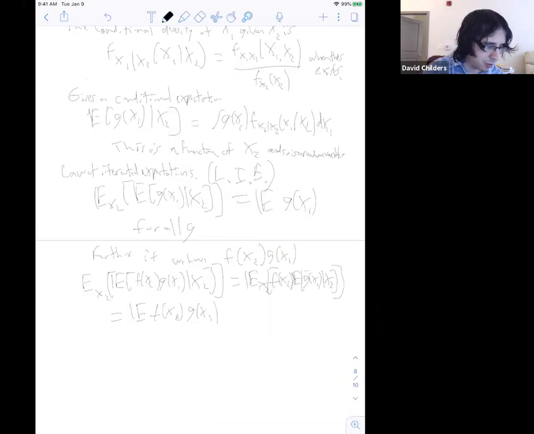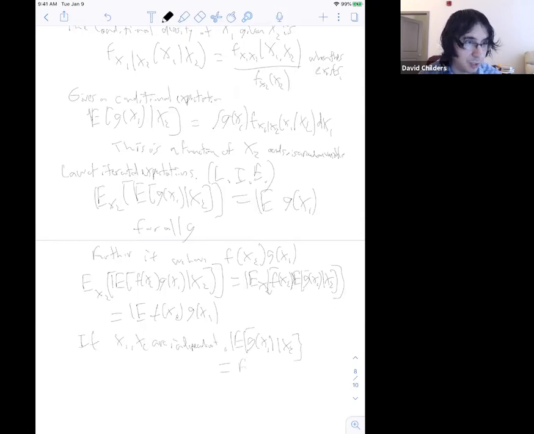So another fact about this is if x1 and x2 are independent, then the conditional expectation of g of x1 given x2 is equal to the expectation of g of x1.